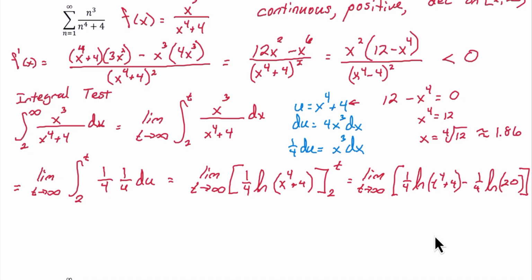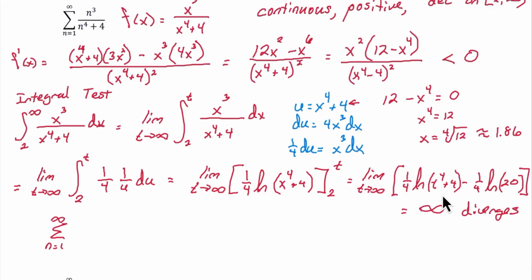And now looking at as t goes to infinity. Inside this natural log argument, we have infinity raised to the fourth. That's a really big number. We're taking the natural log of a really big number, which means that this is going to infinity. It is diverging. So if the integral diverges, we can say that the original sum also diverges.